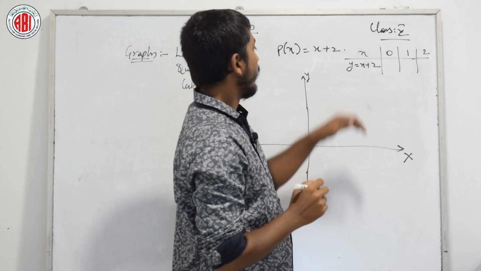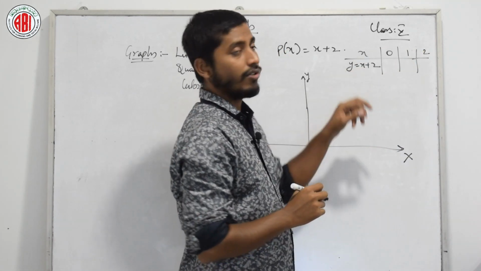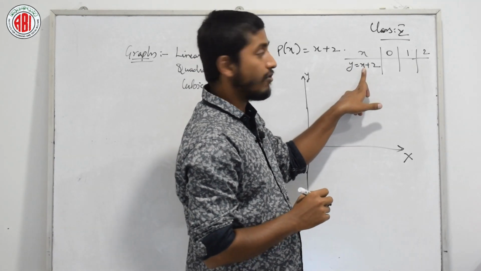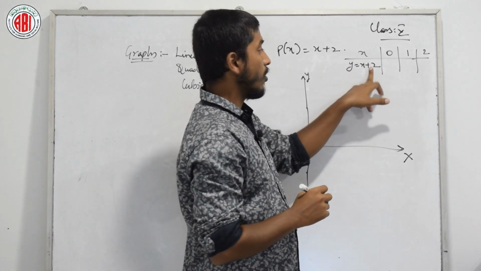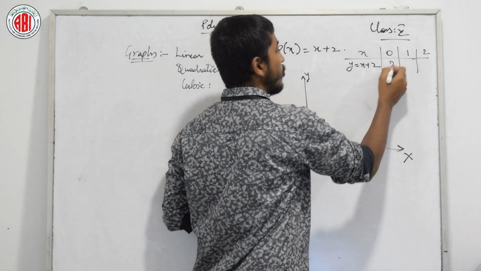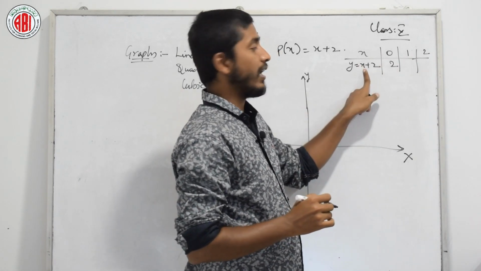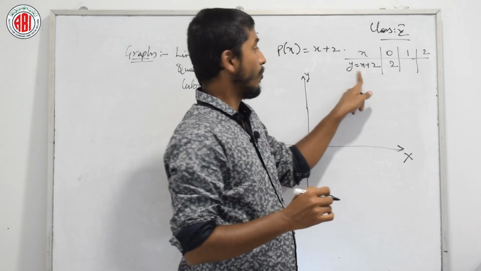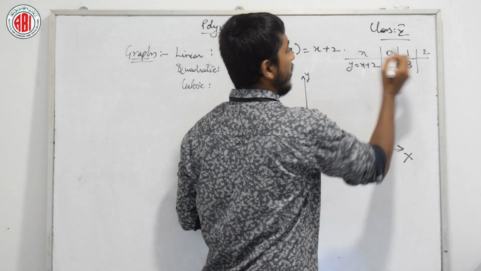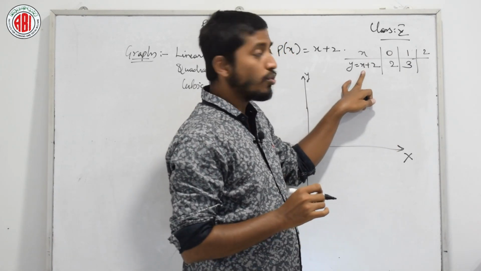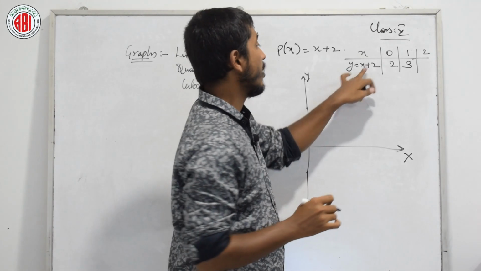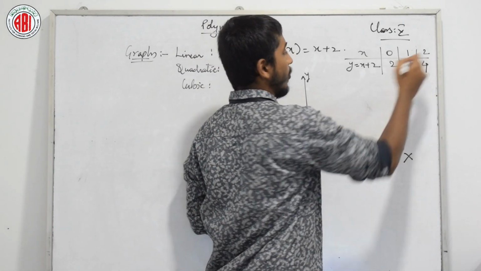What is the value of x plus 2 at x equal to 0? If I substitute x equal to 0 here, I get 0 plus 2, that is 2. If I substitute 1 instead of x, what do I get? 1 plus 2, that is 3. If I substitute 2 in the place of x, I get 2 plus 2, that is 4.